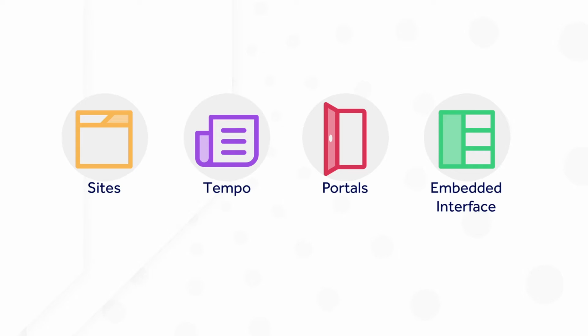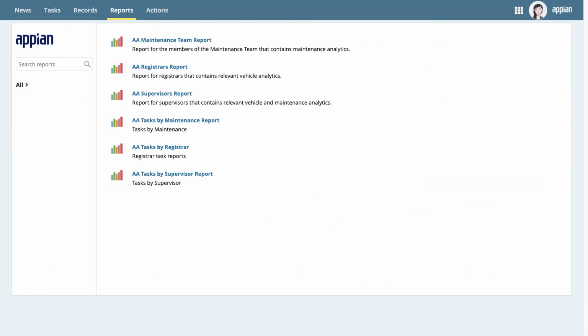Users can view records in other parts of an application using different user interface options: Sites, Tempo, Portals, or their organization's web pages that have embedded interfaces. Tempo is the default user interface that is available out of the box without any additional setup.